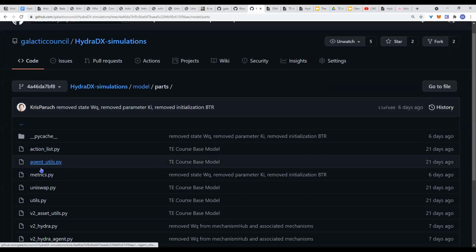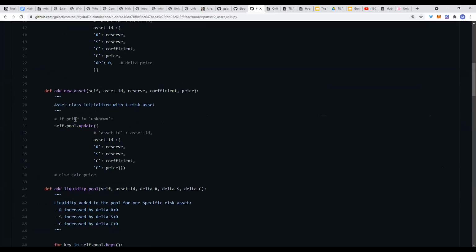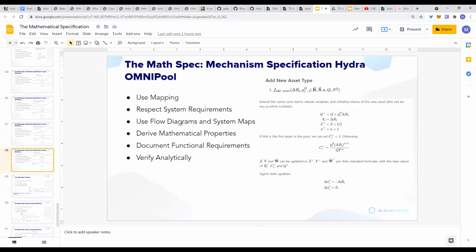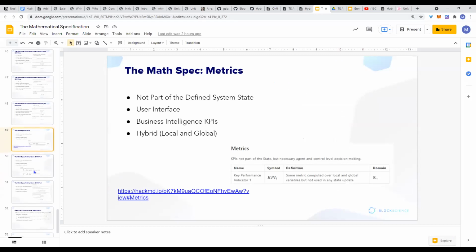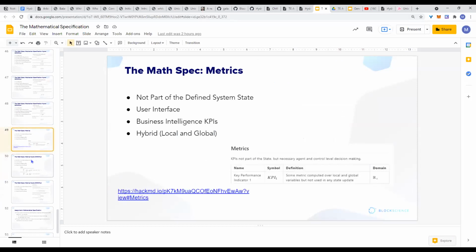There's an earlier version of this, so that's not going to be there for adding a brand new asset. That would be my note. We'll devote all the time next week to saying, here's the math spec, and looking more at how cadCAD works and where everything is. And hopefully you're ideally seeing this here.